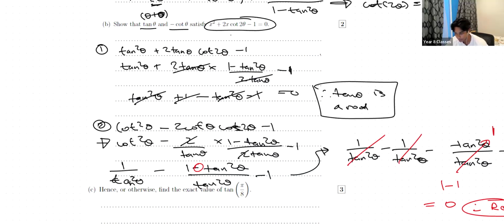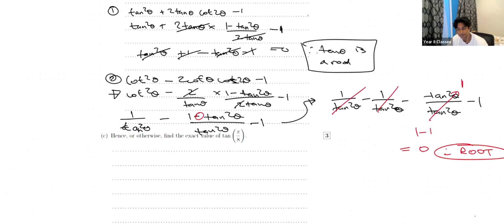Now on to part C. Take some time to have a look at this as well. And keep in mind that the hence means you should use the previous part. Just think about how.